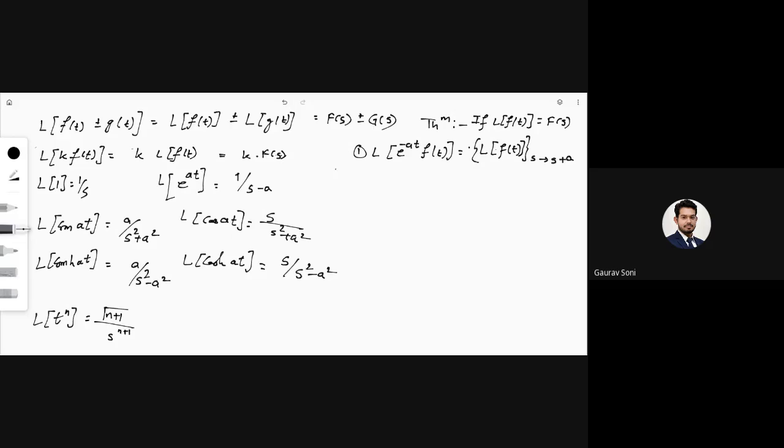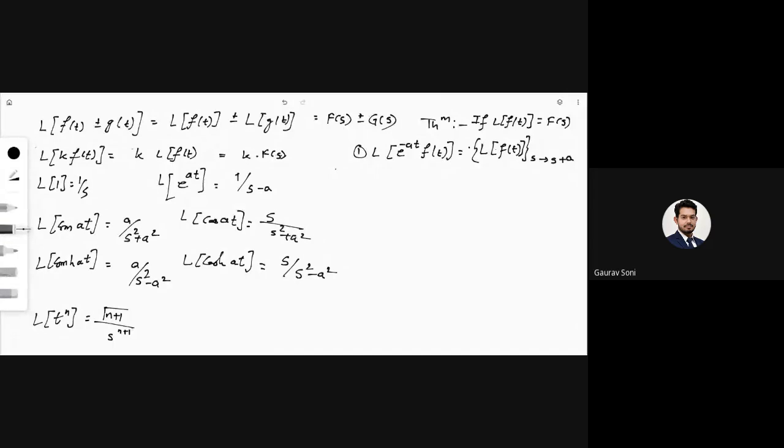This is a very important theorem. If you have e to the power at into f of t, you take out e to the power at, take the Laplace of the remaining part, and in the answer you replace s by s plus a.